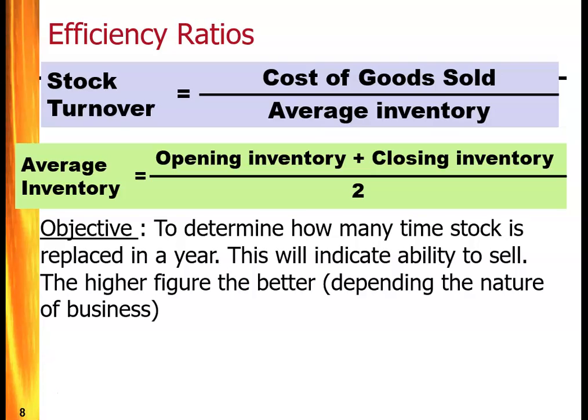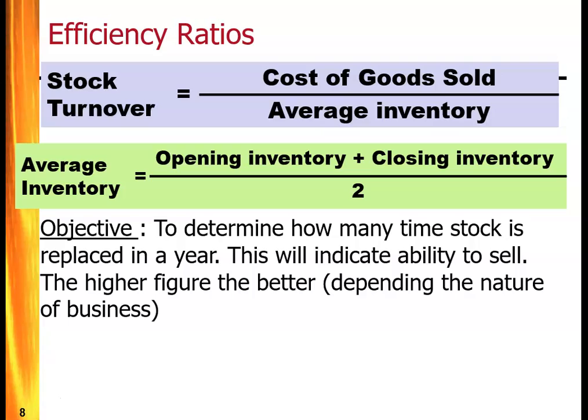If the inventory is replaced more times in the year, meaning they are able to sell their inventory quickly, so they have good selling activities. So the higher figure is actually the better. However, it depends on the nature of the business.